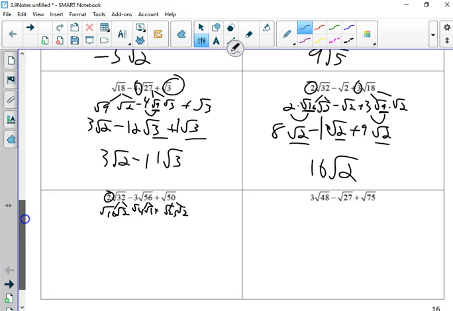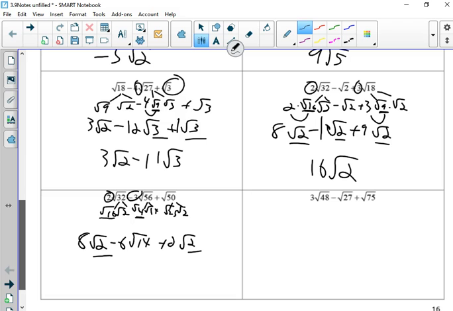But we have this 2 out here. So the square root of 16 is 4. Times that 2 is 8 radical 2. The square root of 4 is 2. Times that negative 3 is negative 6 radical 14. Those 2 will not go together. Plus 2 radical 2. These will play together. 8 radical 2.